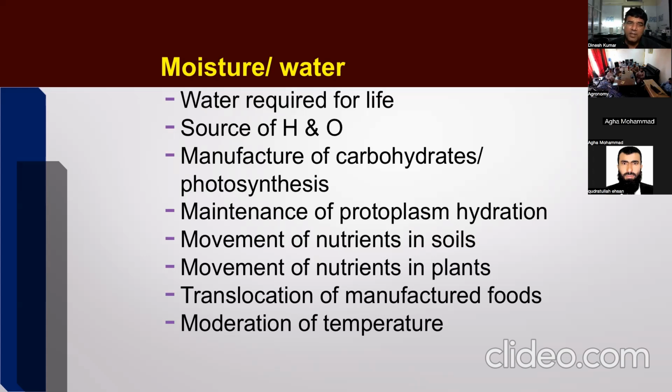Next abiotic factor is water or moisture. So moisture is actually percentage of water. Percentage of water in soil is your moisture. And actual quantity of water in soil is water, because water can be reported in height also. 20 centimeter water is there in my soil, or 15 centimeter water, that is water.